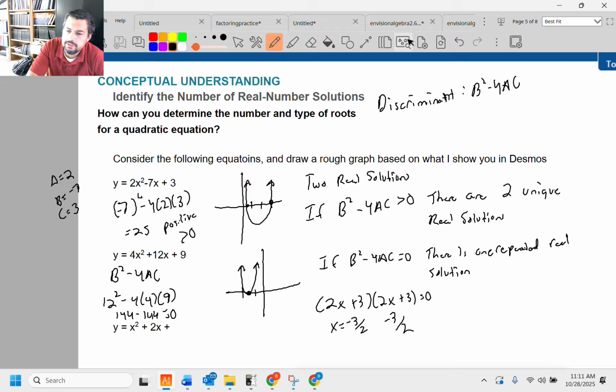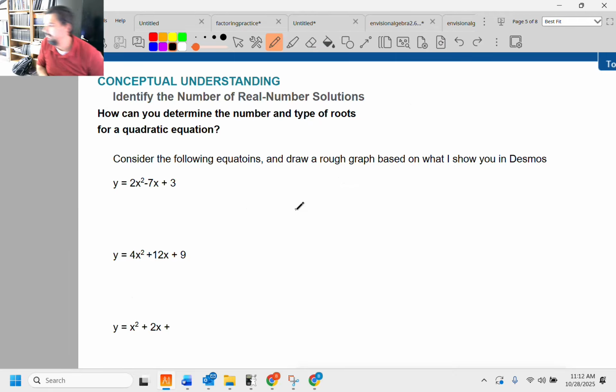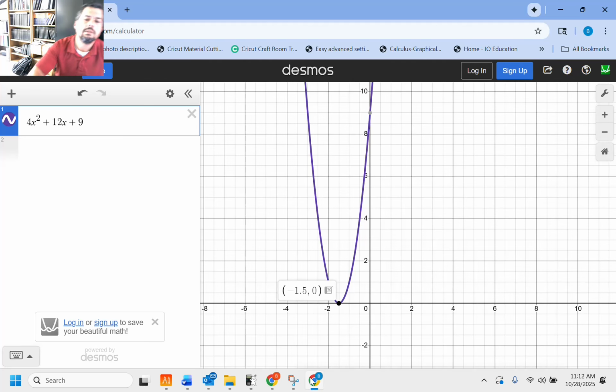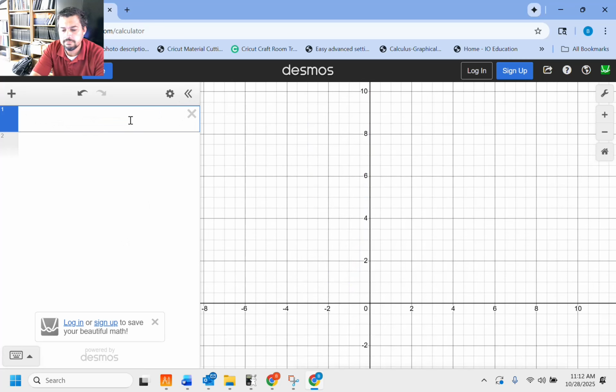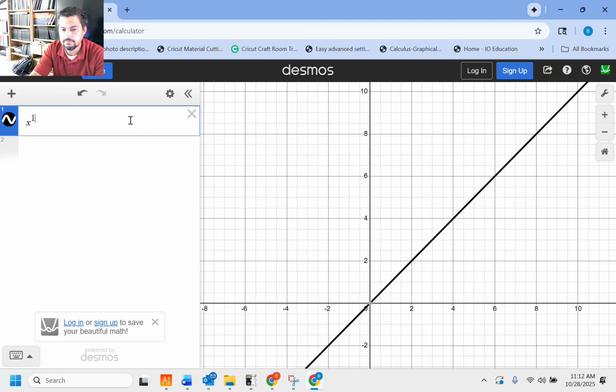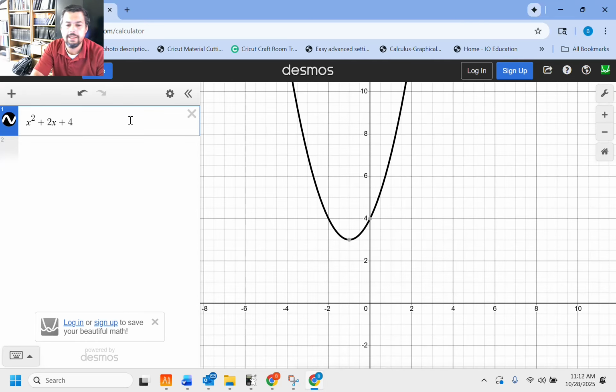And the last one here is missing a number. So let's just put a 4 there, because I think that'll make it work. I feel like it will. Let's find out. X squared plus 2x plus 4. Yeah, it worked out.